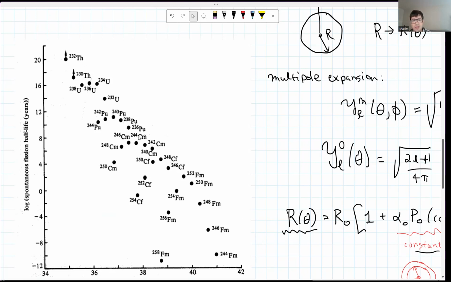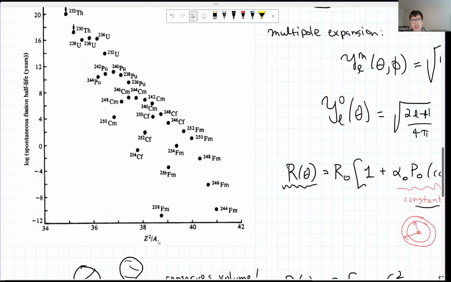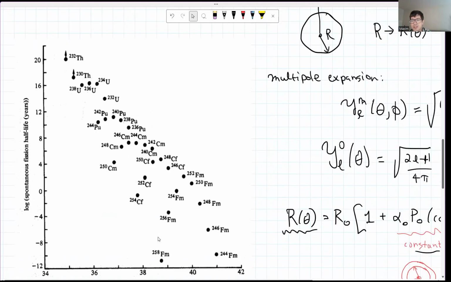And so what happens over here, where your Z squared over A is smaller, is just that there's a barrier to forming the two droplets. It could very well be that the two droplets are energetically favored.